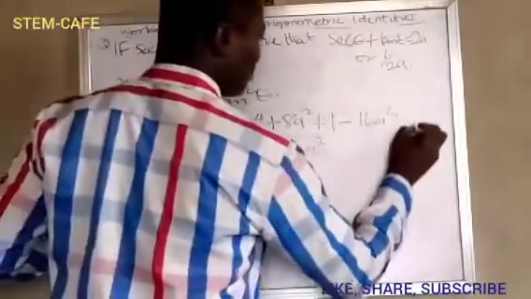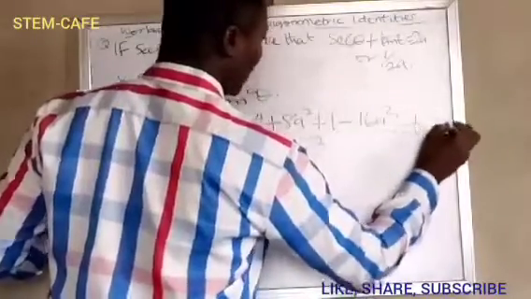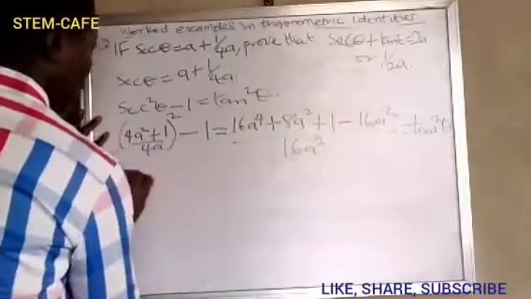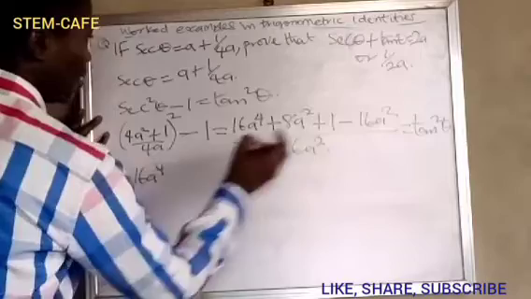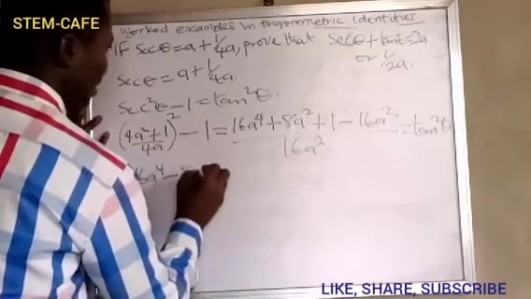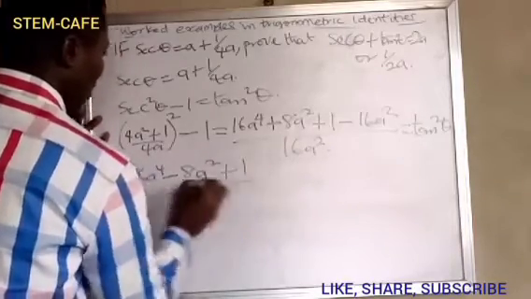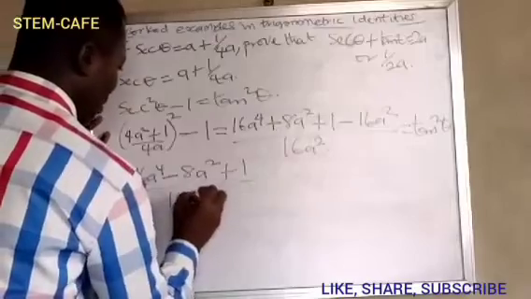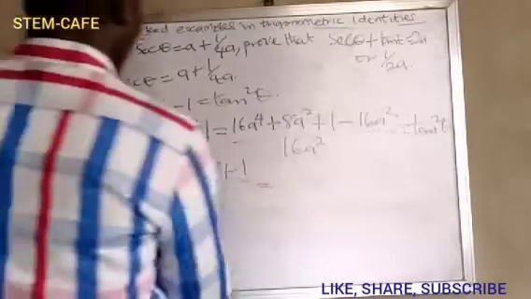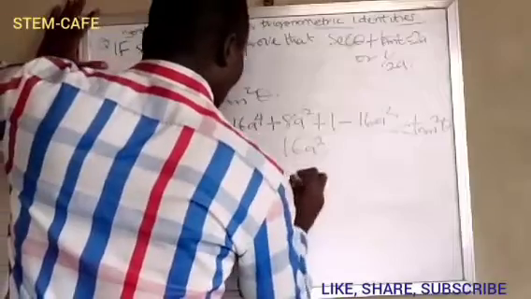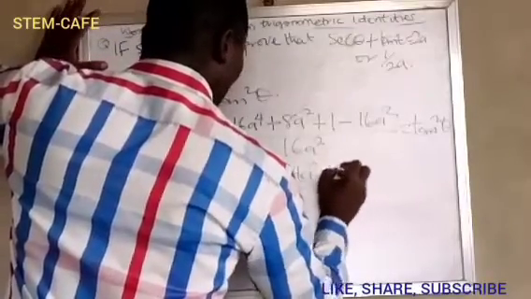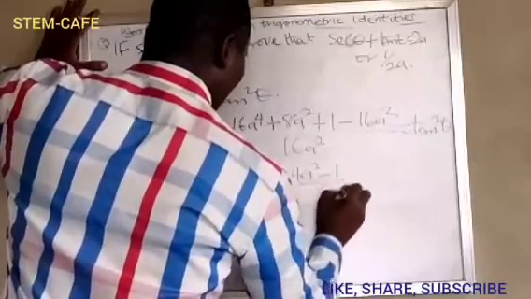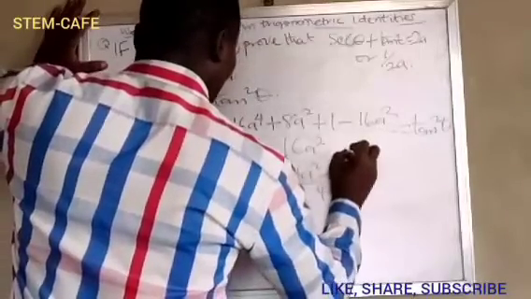So tan squared theta will now be equal to 16a raised to the power 4 minus 8a squared plus 1 over 16a squared, which is equal to, on factorization, 4a squared minus 1 all over 4a all squared.